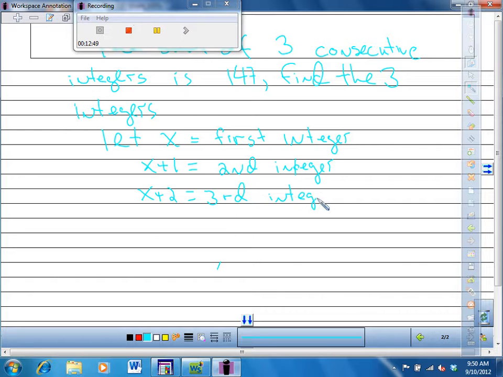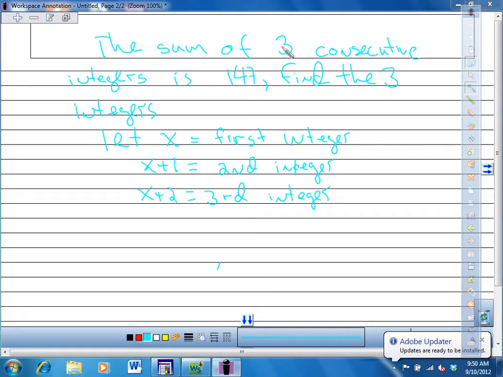So now I can make an equation. My problem says the sum of 3 consecutive integers is 147. Find the 3 integers. Who could give me an equation? You can do this. Sum.